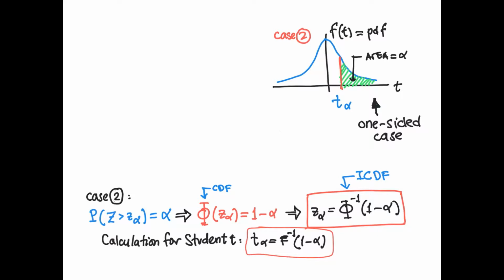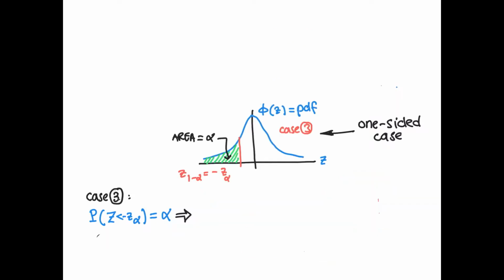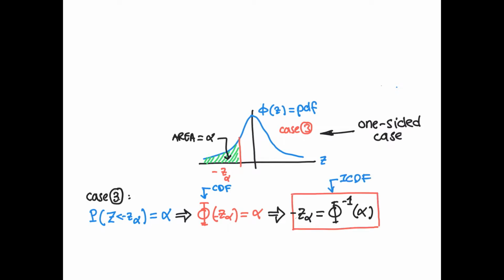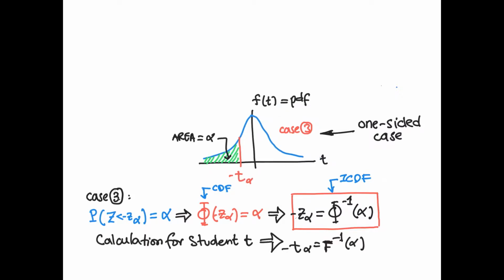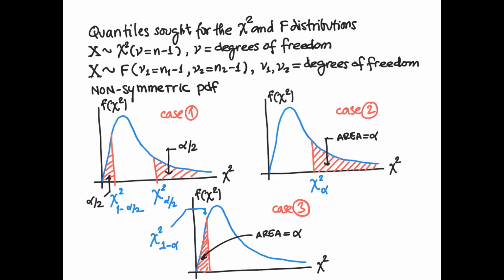Remember the symmetry about the zero value. For the one-sided case to the left, we're looking at the probability that z is less than minus z sub alpha equal to alpha, which means phi of minus z sub alpha equals alpha. Minus z sub alpha is going to be equal to the inverse of phi of alpha. And so in a similar fashion, we can calculate the negative t sub alpha for the student t distribution.